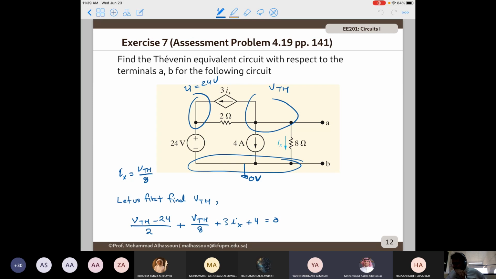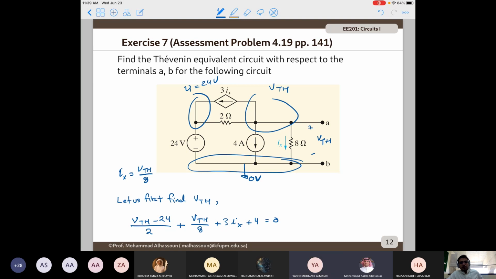Why do you need to erase it? To find the Thevenin voltage. No, you cannot, because you're trying to find the voltage across the 8 ohm resistor.